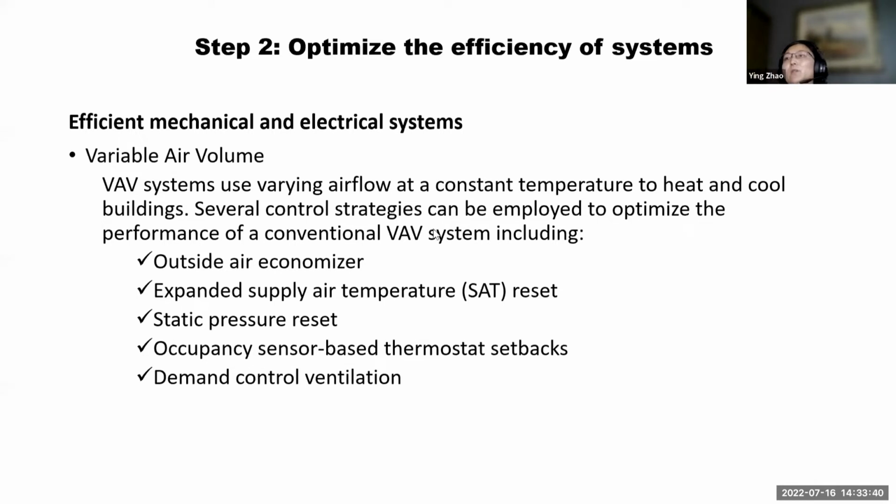They can also implement several control strategies like outside air economizer, again, supply temperature reset, and static pressure reset, which are good for reducing fan energy use, and occupancy sensor based thermostat setbacks that we already talked about, and demand control ventilation. For example, if the space is a conference space, they will typically use a CO2 sensor.